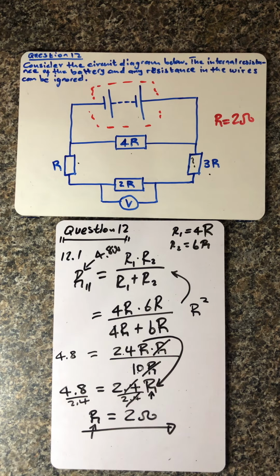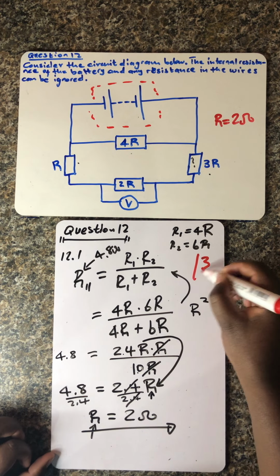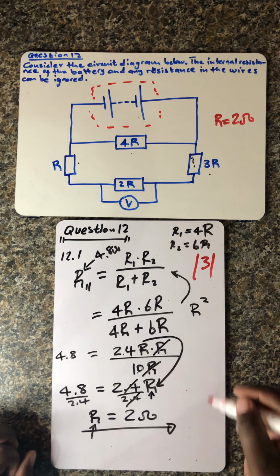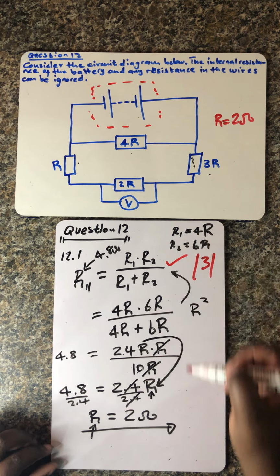So guys, it's very important that you fully understand what's going on there. Remember, this question is allocated 3 marks. Let me quickly show you how you score some marks. That's why I like physics.